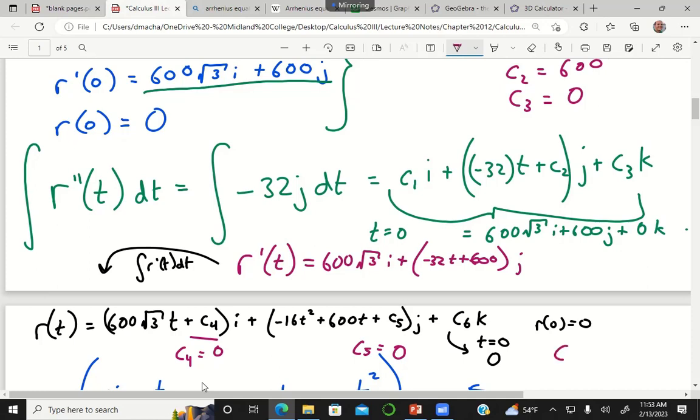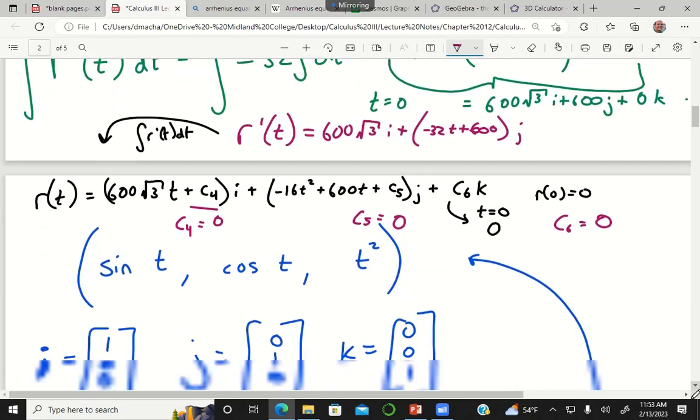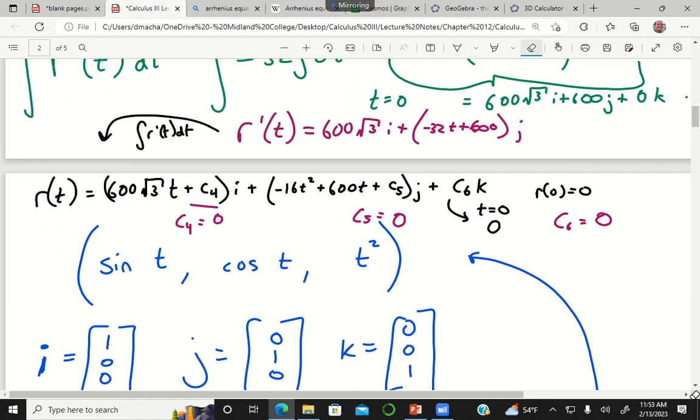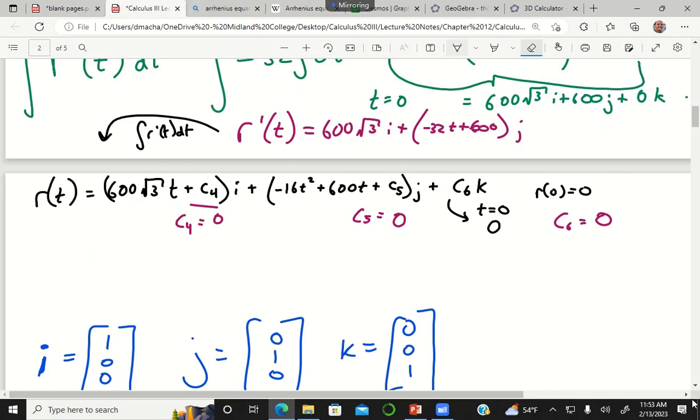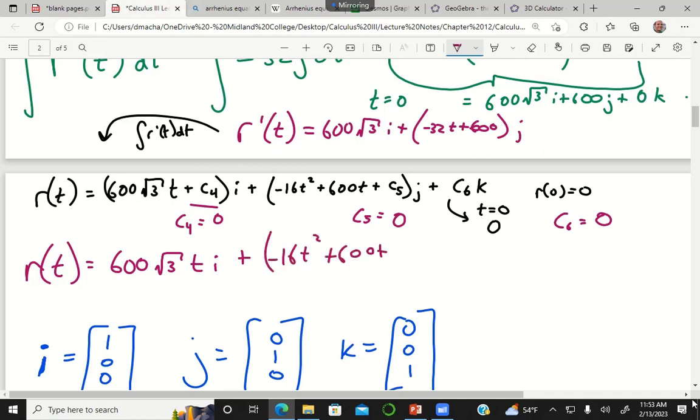And then lastly, my constant c6 has to be 0. Okay. So that means r of t, that satisfies those conditions I was given, is 600 root 3 t i plus negative 16t squared plus 600 t j plus 0k.